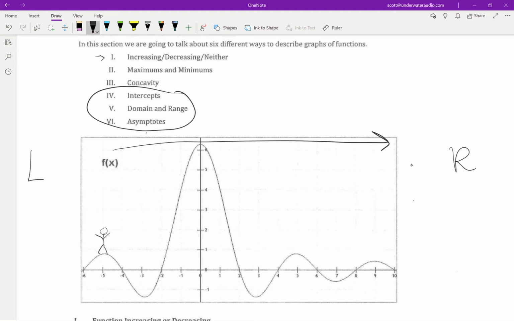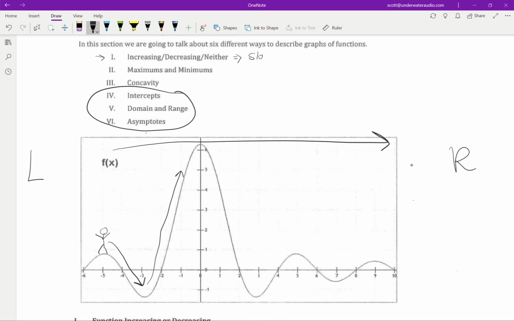At first, this person would go downhill, so I would call that decreasing. Then at about -3, the person would start to walk uphill, so I'd call that increasing. So it's kind of about whether or not the slope is positive or negative. So I'm going to put that right here.